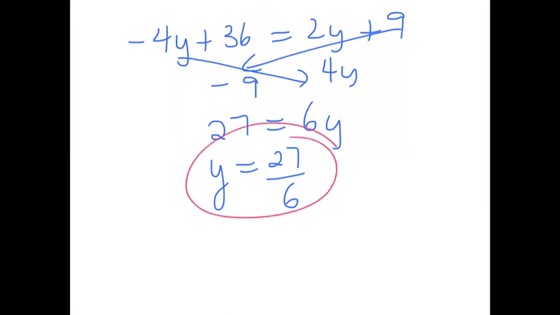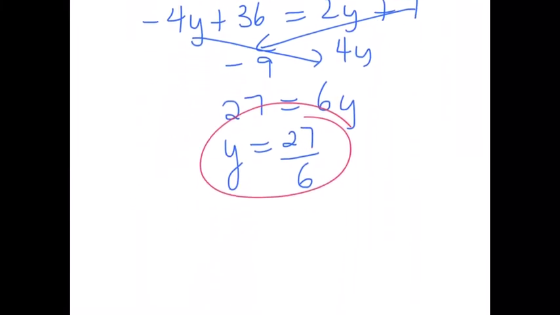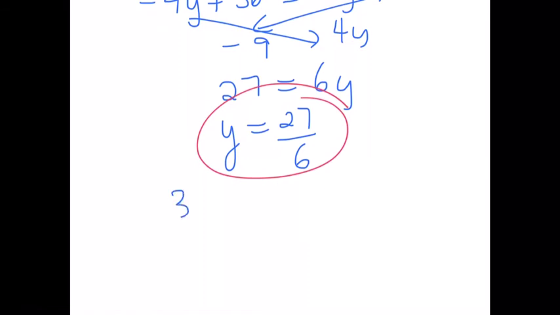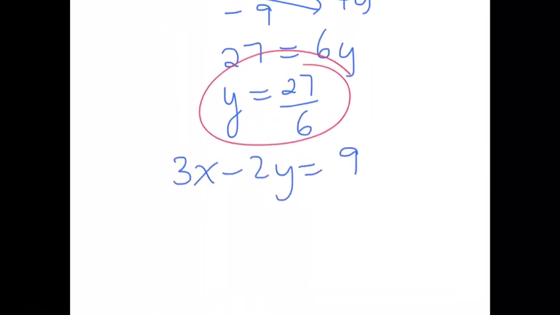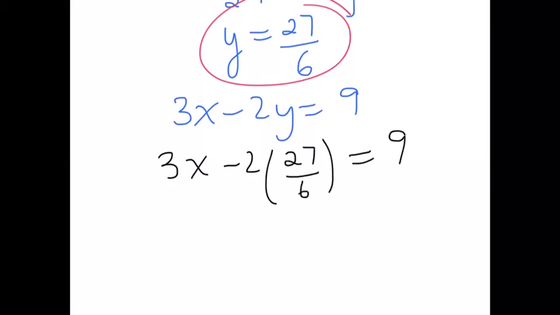So, what does every y need? Well, every y needs an x. So let's go back to 3x minus 2y equals 9. We're going to substitute in our horrific value, which is y is 27 over 6. But I think I see the light at the end of the tunnel here. How many times does 2 go into 6? 3 times. And 27 divided by 3 is 9.